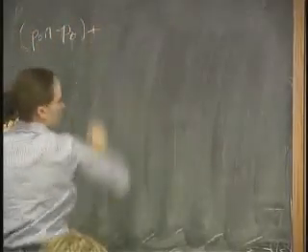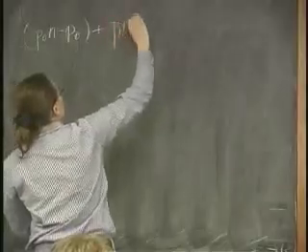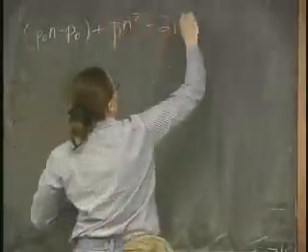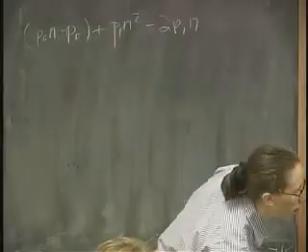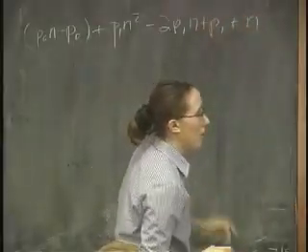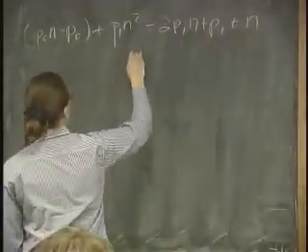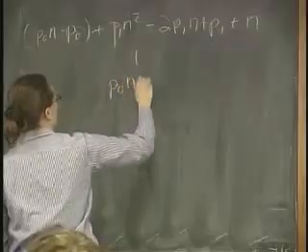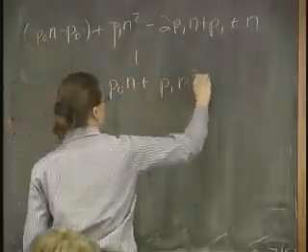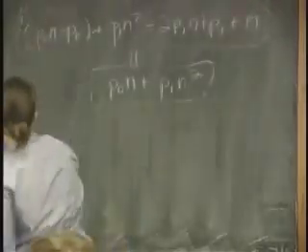We have p0n minus p0 plus p1n squared minus 2p1n plus p1 plus n. And now this is supposed to be equal to p0n plus p1n squared. So we have this, and we have this, and they're supposed to be equal.